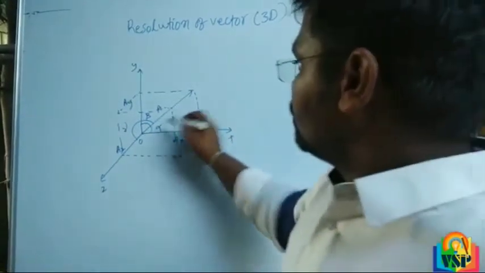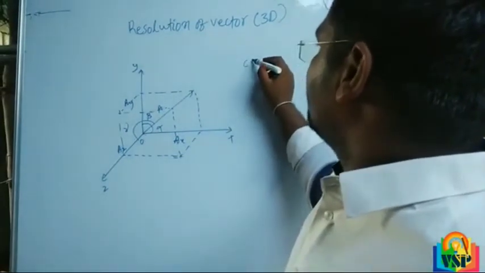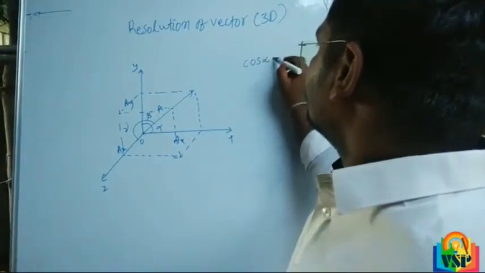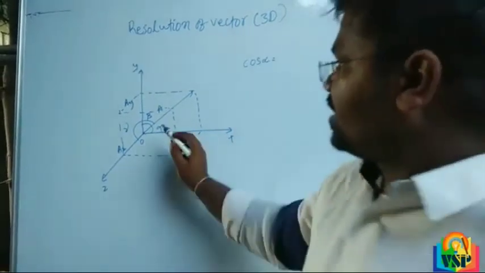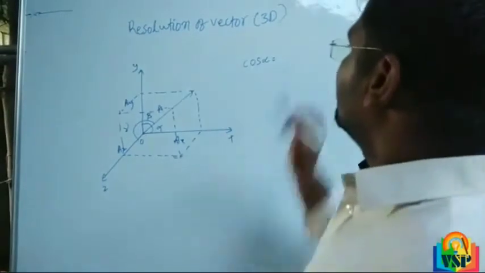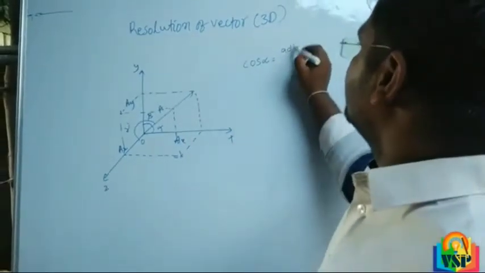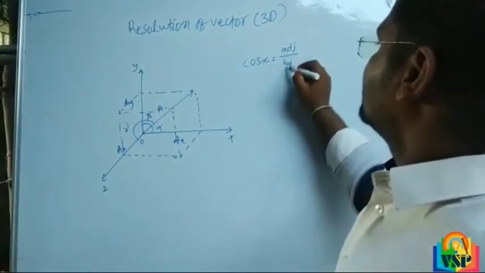In this case, we have to find ax, ay, az in the form of cos of the angle. Cos alpha: the angle between ax and A is alpha. Cos is adjacent side by hypotenuse.